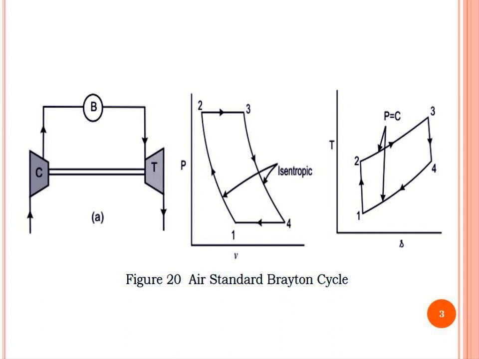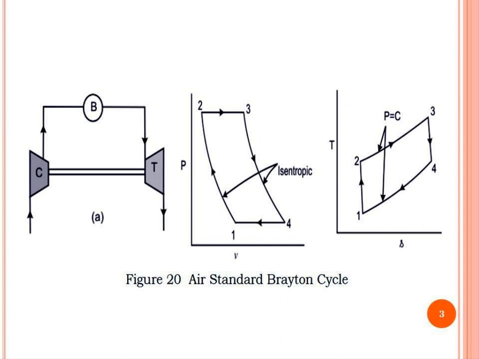Because of the high pressure, high temperature air and the injected fuel, the fuel catches fire, and in the presence of air the flame is generated and propagates. Because of that, exhaust gases are generated. These exhaust gases are available at very high temperature, and they enter the rotary turbine.